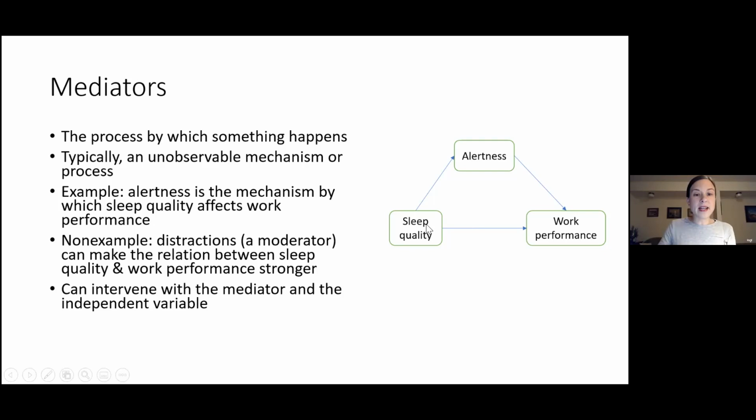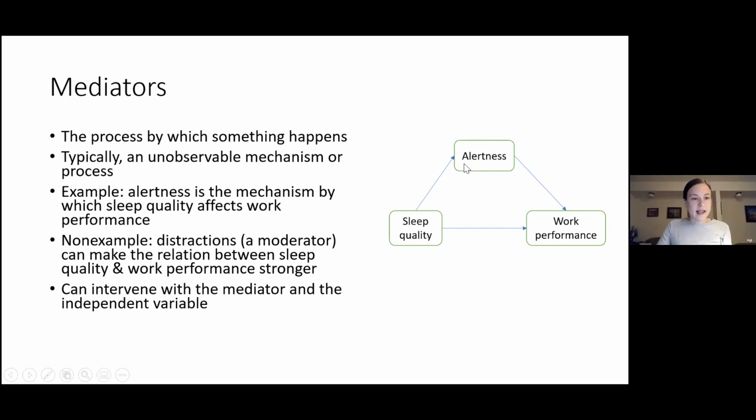So there may not be as much of a direct effect between sleep quality and work performance, because maybe at the beginning of the day, when we first get there, even though we had poor sleep quality, we might still be pretty alert and so still have pretty good work performance. But that sleep quality is going to eventually affect that alertness. So the mediator is alertness.